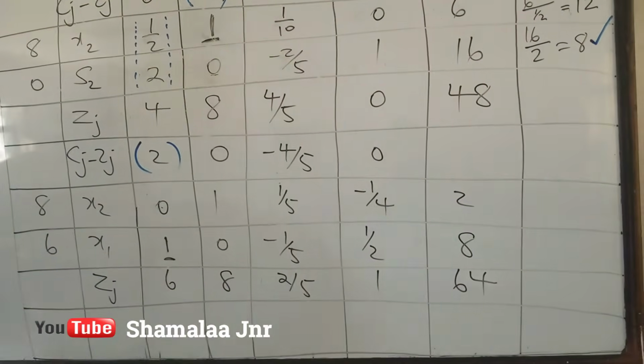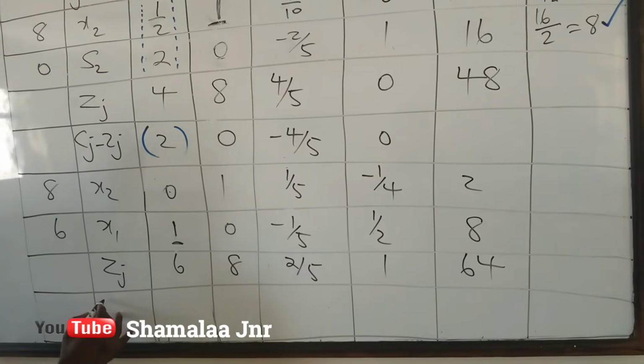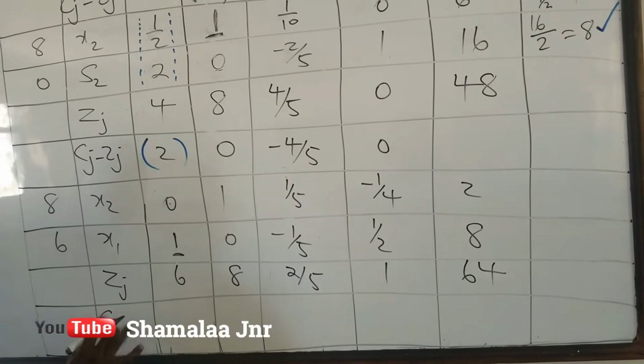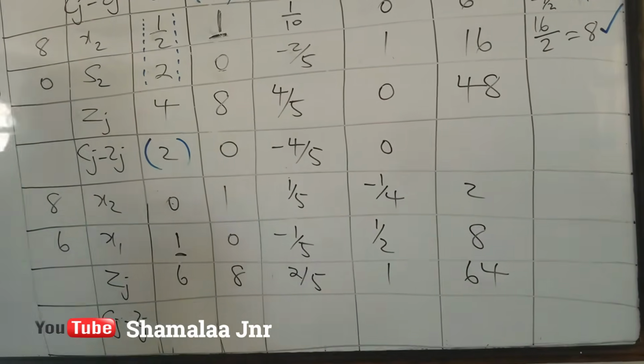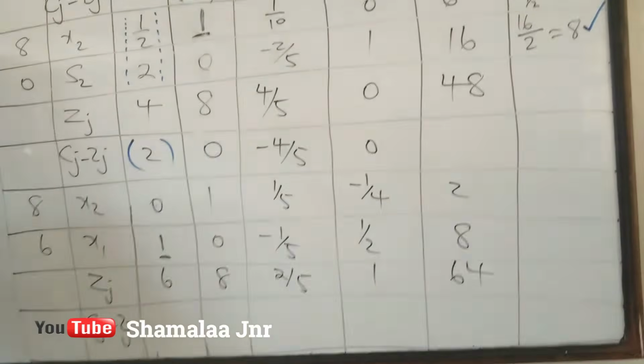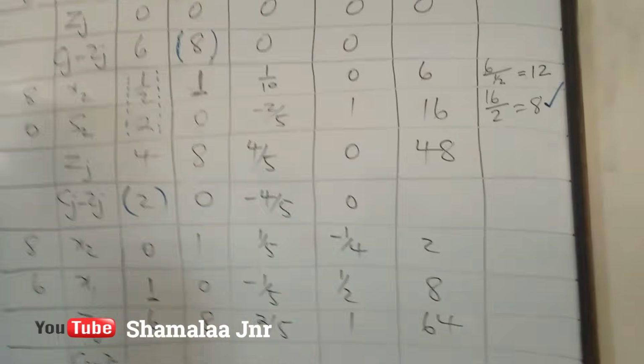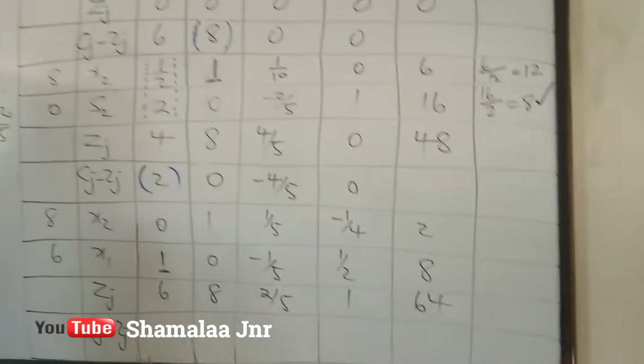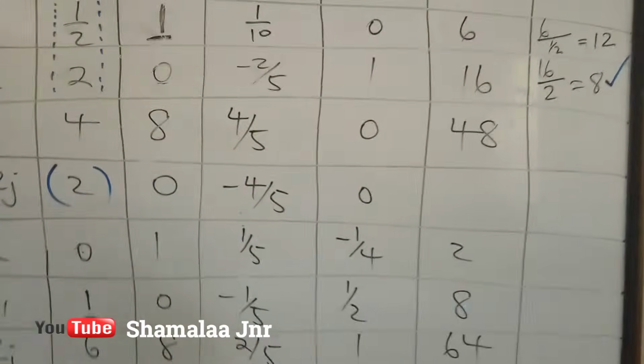Now, can we stop? Let's again find our Cj minus Zj. And as I've already indicated, for maximization problems, you can stop when all the Cj minus Zj values are less than or equal to 0. So let's check.